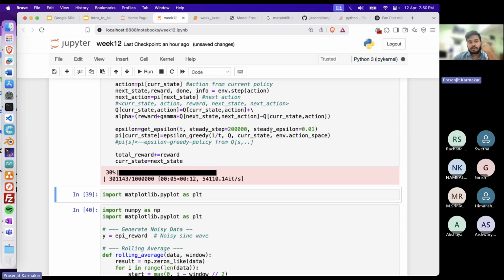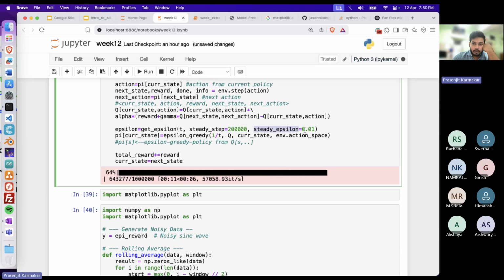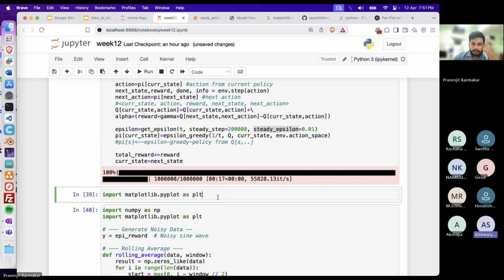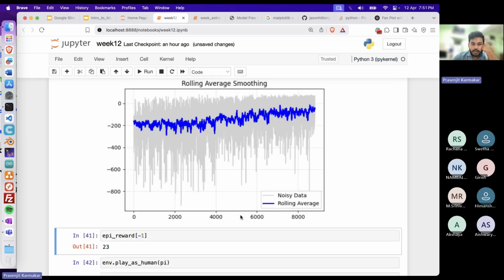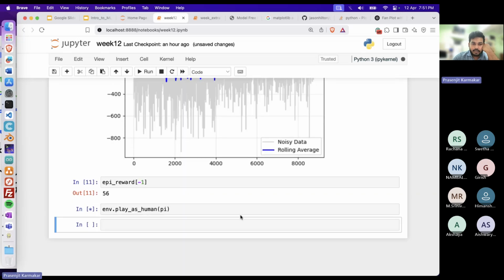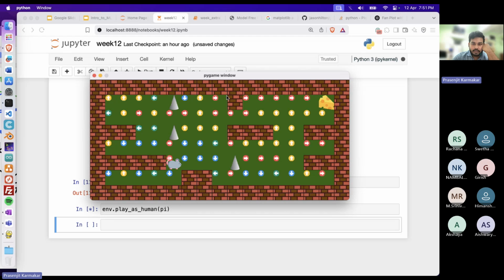Maybe for the steady epsilon, I need to make it lower. Is it not 0.01? It should be, let's say, 0.001 or something. Let's see. Yeah, it's going up, right? So 56. Now it's more comparable to the previous performance.